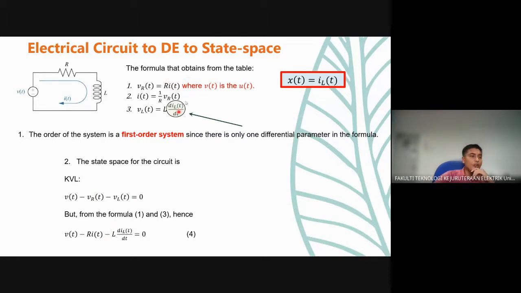That's why we need to shortlist these formulas, because it makes the replacement in the KVL or KCL equation easy. Minus L dilt over dt, since this equation equals VL. So VL equal to L dilt over dt.